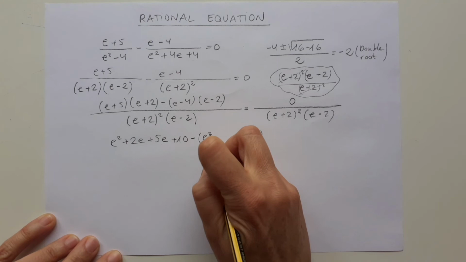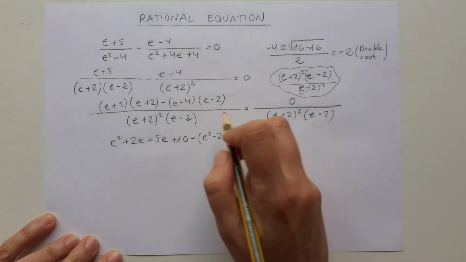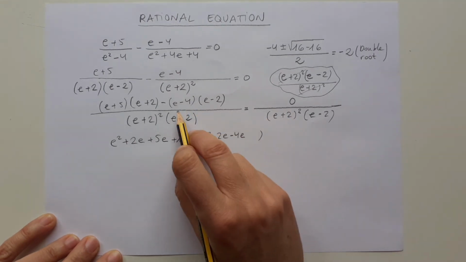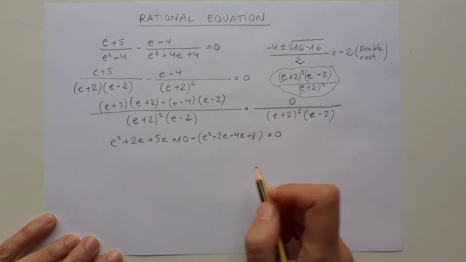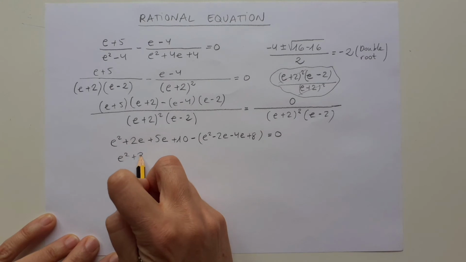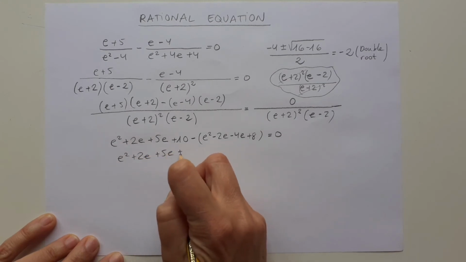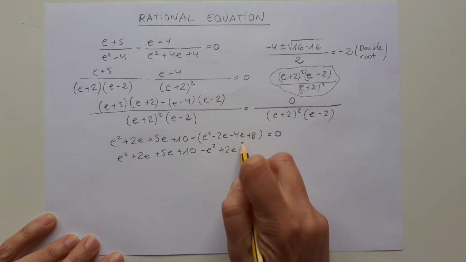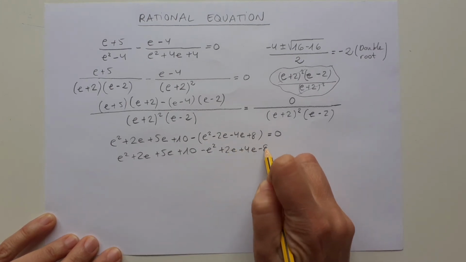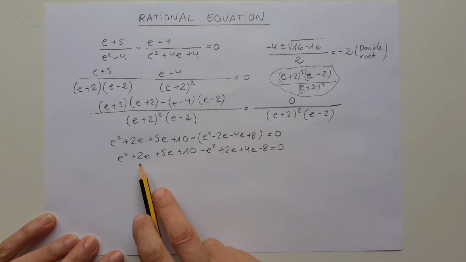So e squared minus 2e minus 4e plus 8, and this equals 0. So e squared plus 2e plus 5e plus 10, minus e squared plus 2e plus 4e minus 8 equals 0.